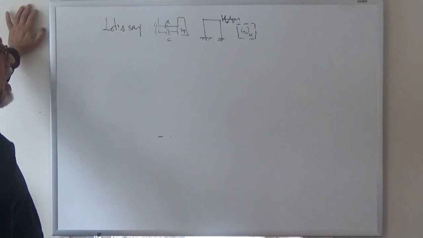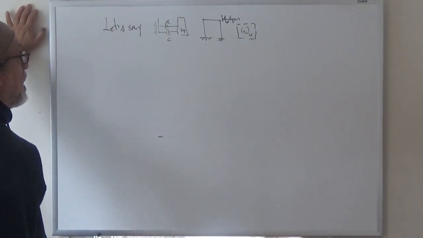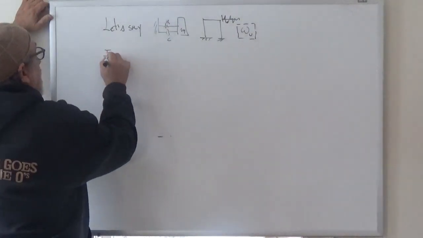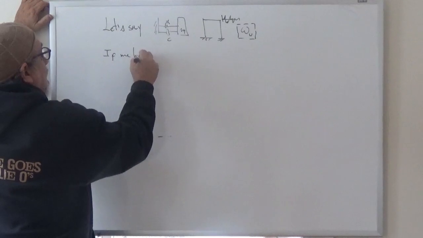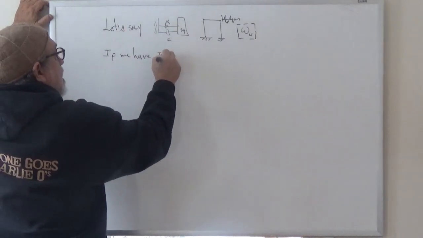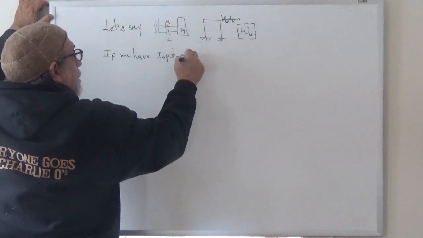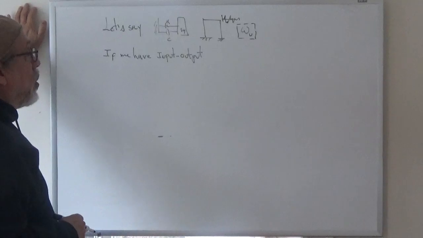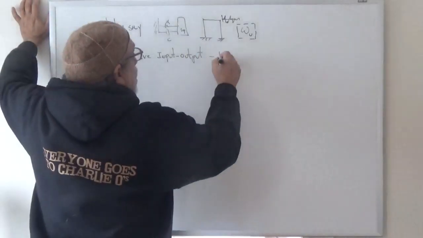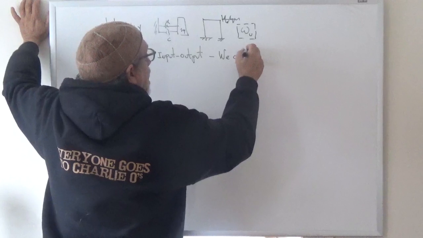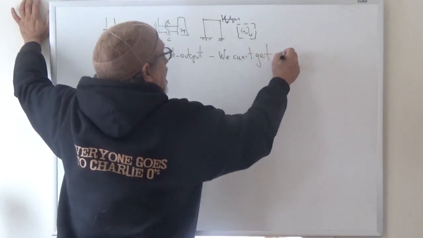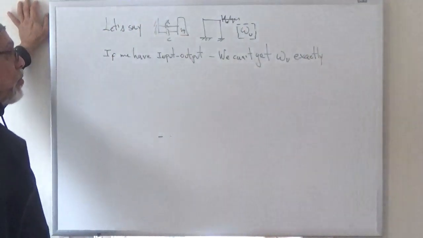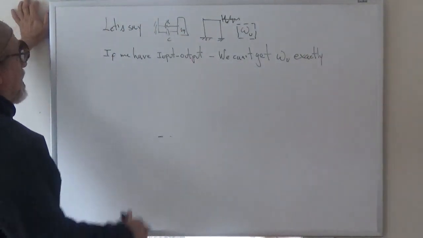Two cases: if we have input-output data, as we've had in some homeworks, then why is it that we cannot get omega u exactly? I mean, academically we can, but why can't we get it exactly in practice?